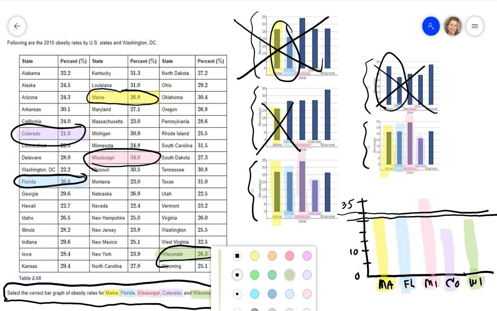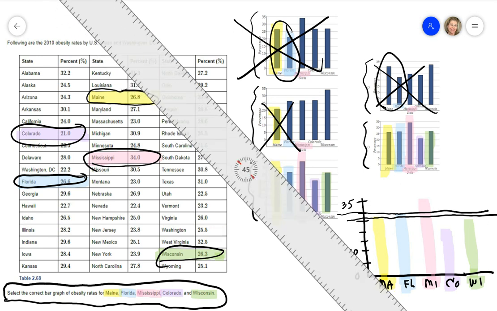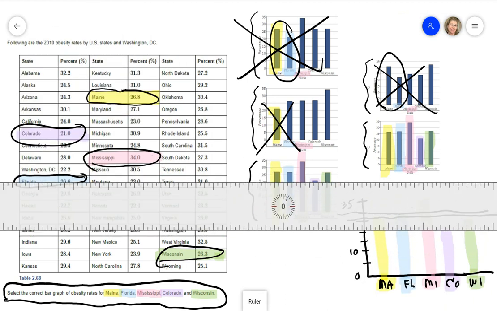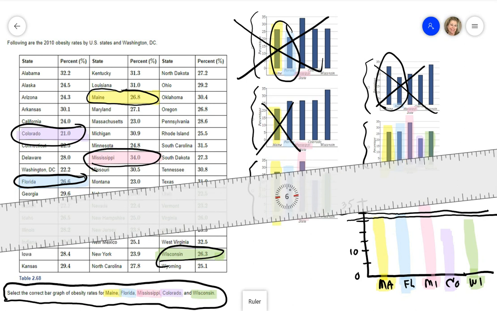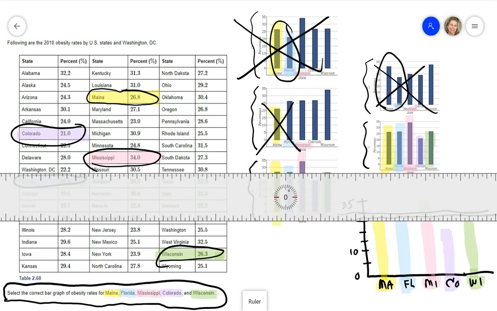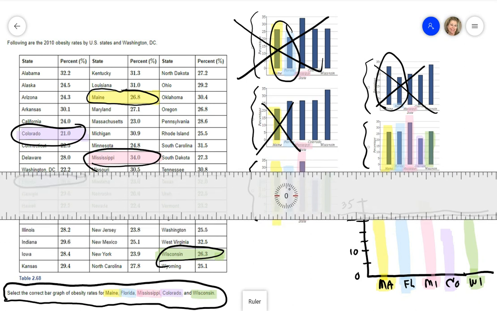Green is 26.3. That looks right. Okay, these two graphs almost look identical, so the coloring's not helping. Let me grab my ruler, and I'll be a little more accurate with a ruler on this. Oh man, those are almost identical there.